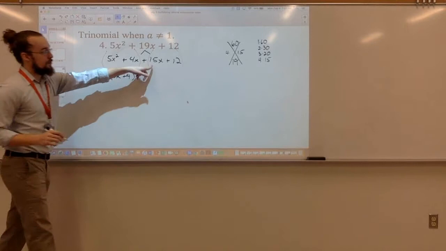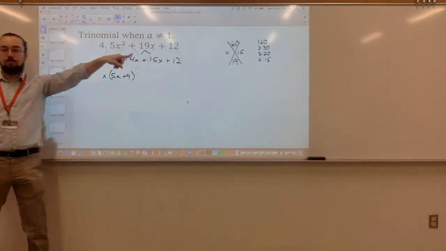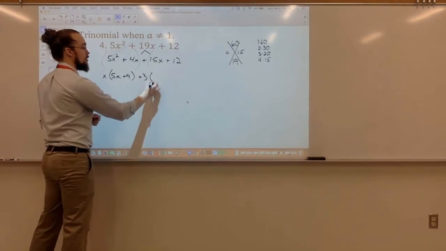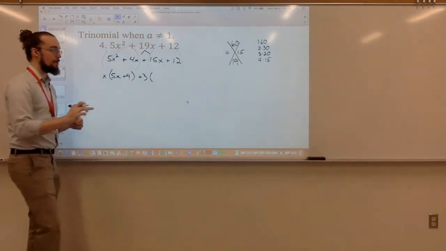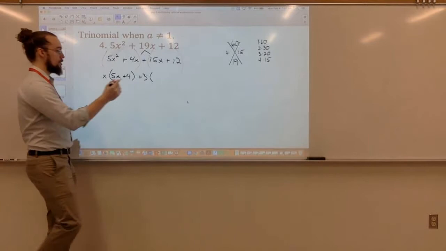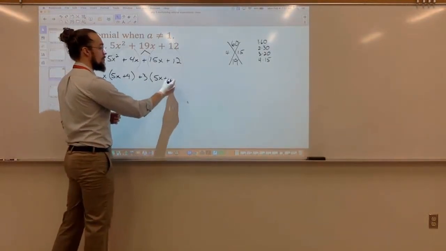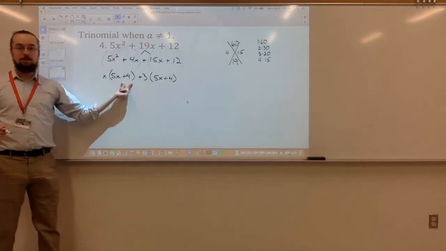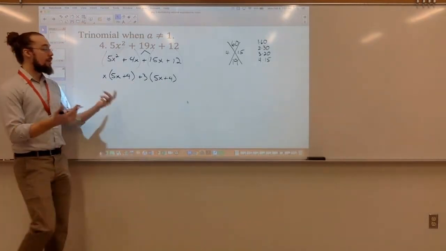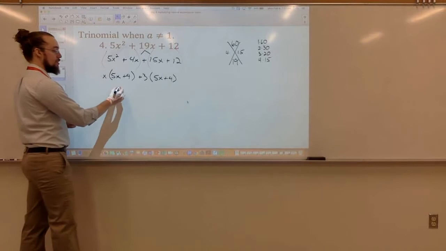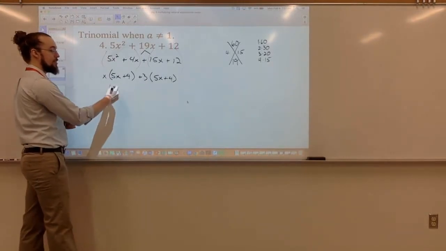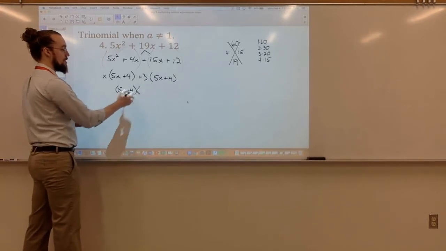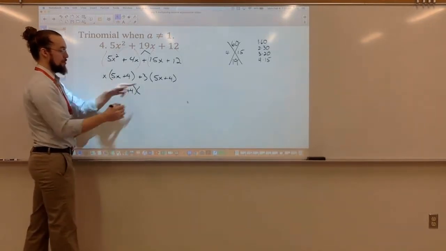How about between 15x and 12? I can take out a 3. If I take out a 3, what am I left with here? 5x plus 4. And at this step, we better have the exact same factor here. As long as I do end up with the exact same factor, my final answer is that factor, 5x plus 4, times x plus 3.